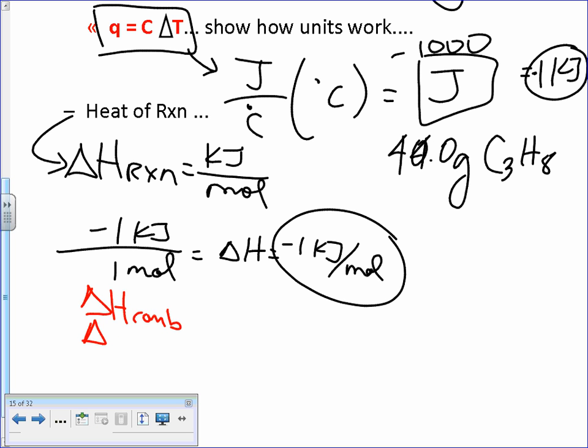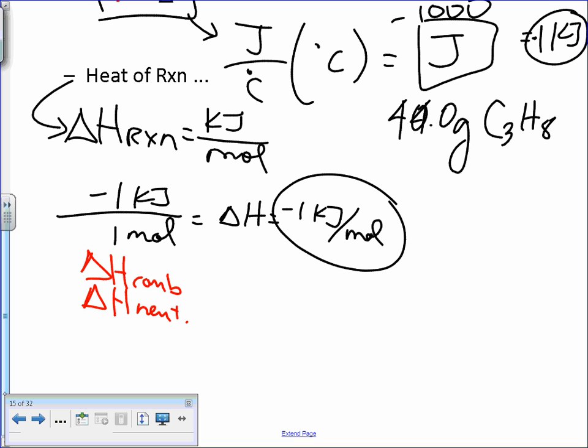Neutralization. That's called delta H neutralization. So there's a couple that you will see like this. If you put powder into solvent and make a solution, it's called delta H of solution. So we have all these different indicators to tell us what kind of reaction it is, but a generic one is just delta H of reaction.